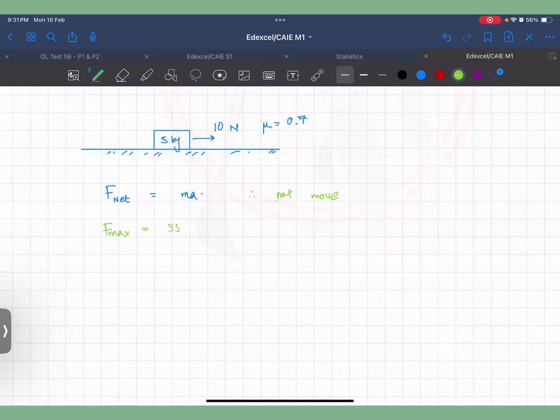It was 35 Newton. There was a force to the right side of 10 Newton. So opposing this force, there would be a friction of 10 Newton, which would be exactly overcoming that force. So F net would become 0. 10 minus 10 is equal to ma. So this becomes 0, therefore your acceleration would be 0. So your object would not move.